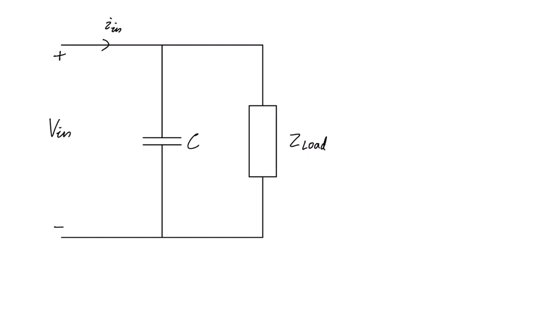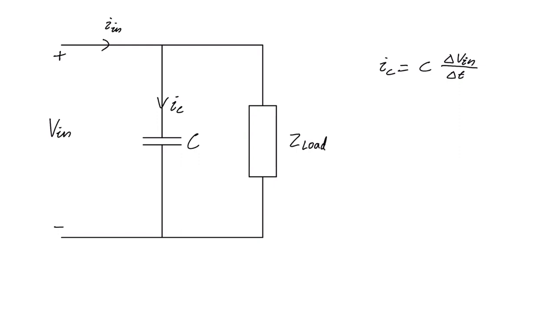So the first thing you want to do is to find the current going through the capacitor. So this will be equal to the capacitance multiplied by the change of voltage over the change of time.